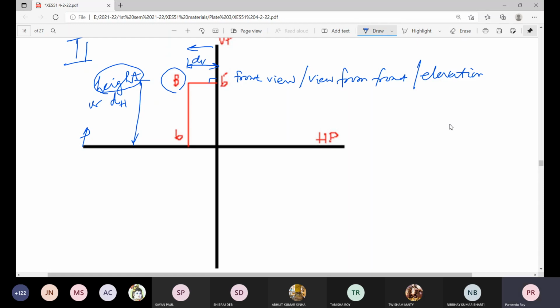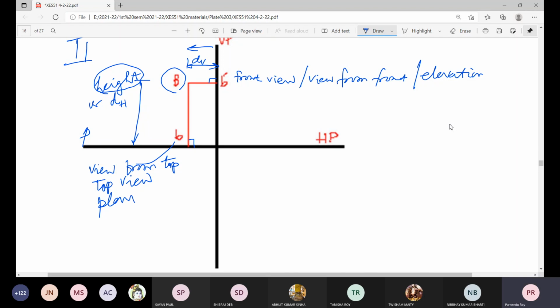But the only thing, the distances of this view from front or front view or elevation, and this is the view from top or top view or plan.